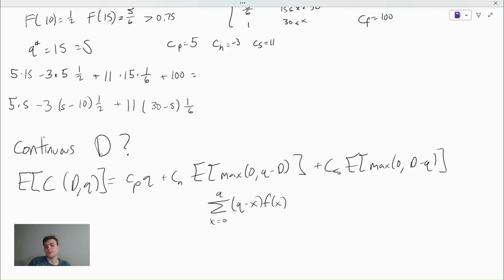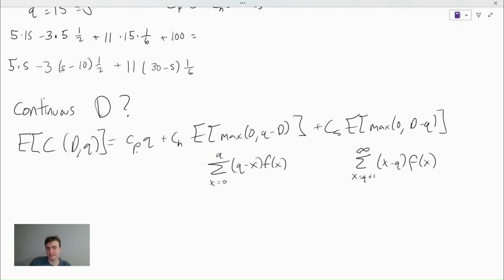I have to always double check because with understock and overstock, it's really easy to flip these two unit costs if you're not keeping track of which is which. And then this, we said, was the summation from x equals Q plus 1 to infinity of x minus Q, f of x.